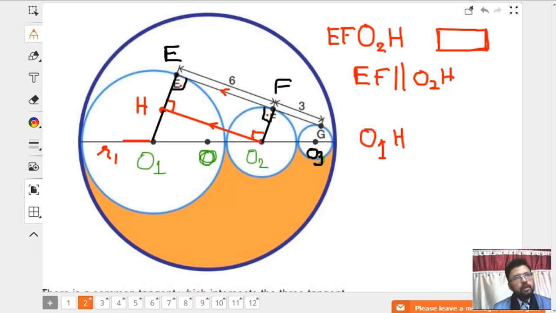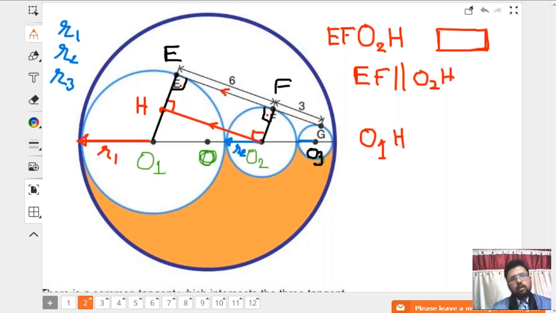Similarly, let's say this has radius R2. And the third one has radius R3. So we have R1, R2, R3 as the radii of the three circles which are inside, in decreasing order. R1 is greater than R2, R2 is greater than R3.